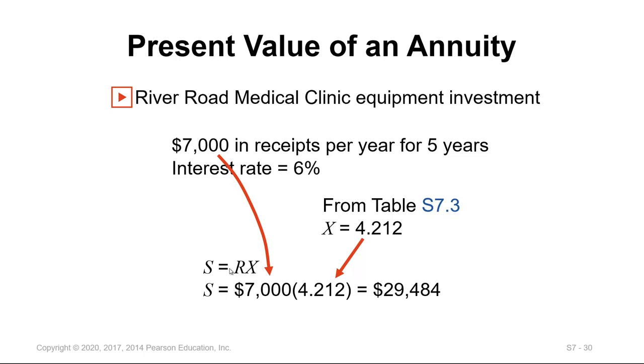So multiplying that with the 7,000, the present value will be 29,484. So we compare that with the present values of other alternatives. If this value is good, then we will go with this as our option of selecting that equipment.